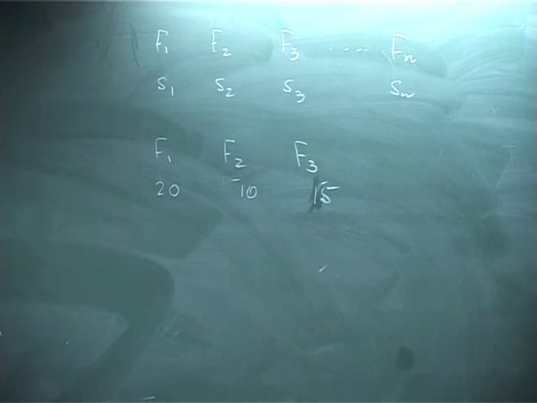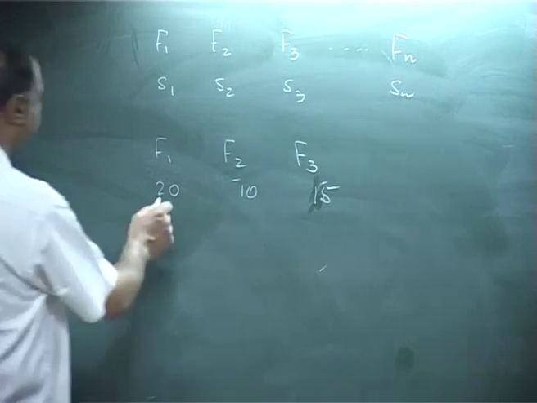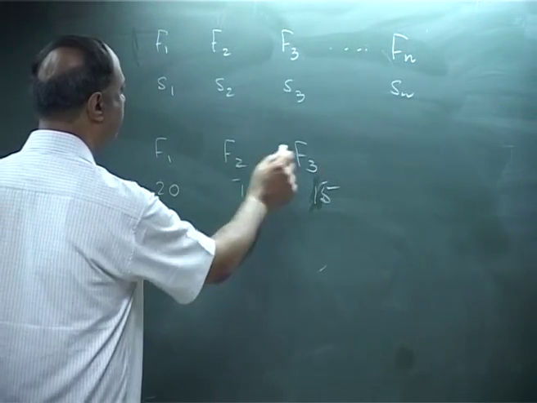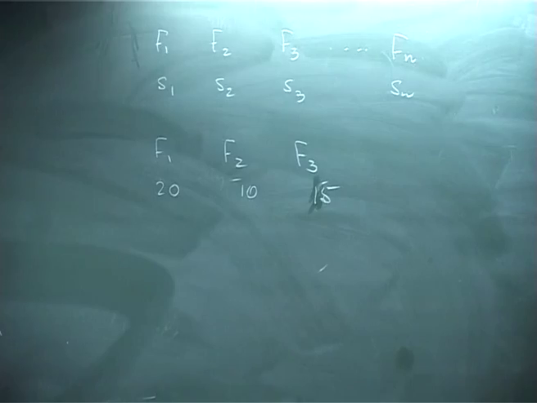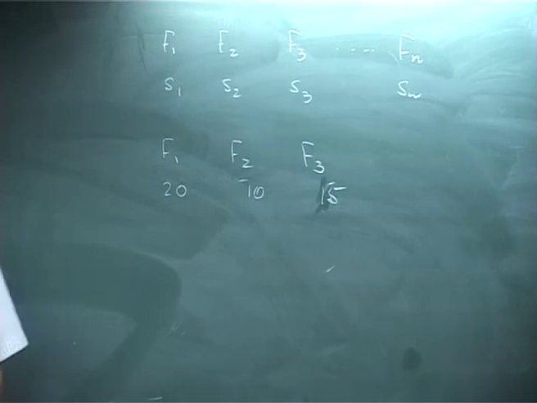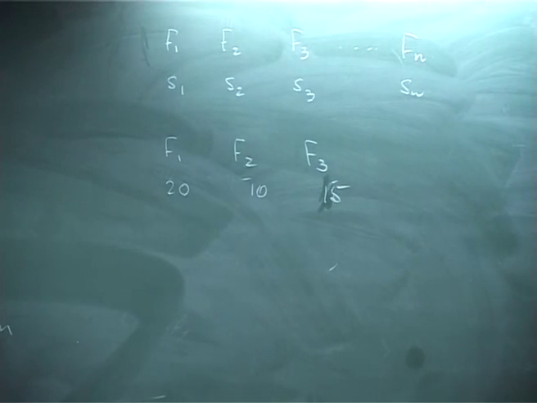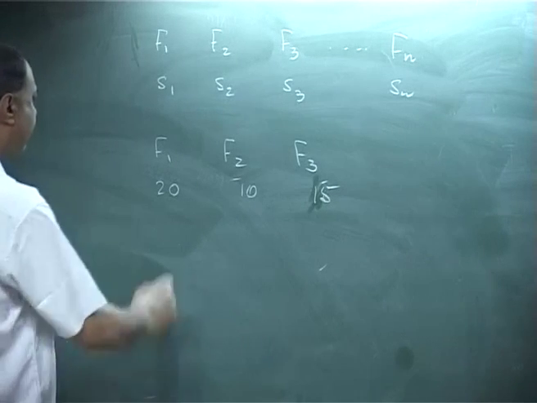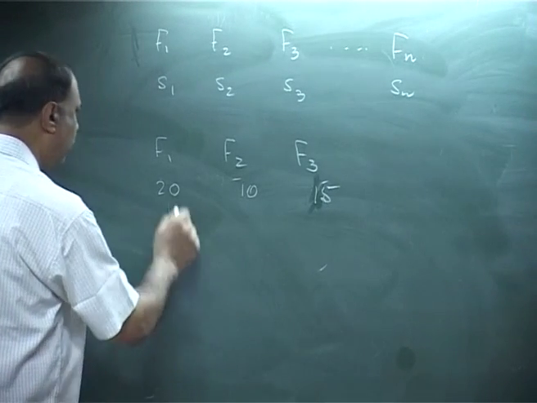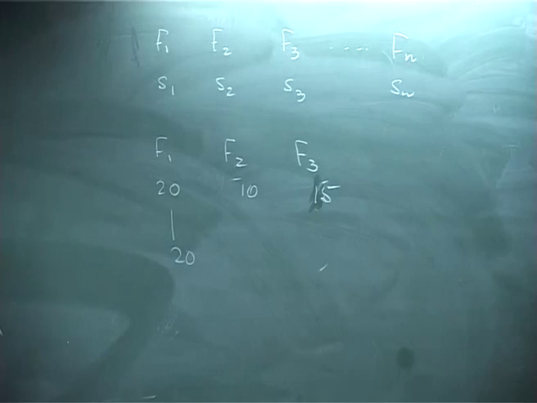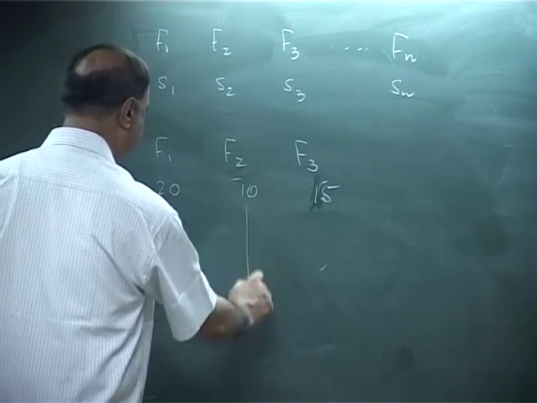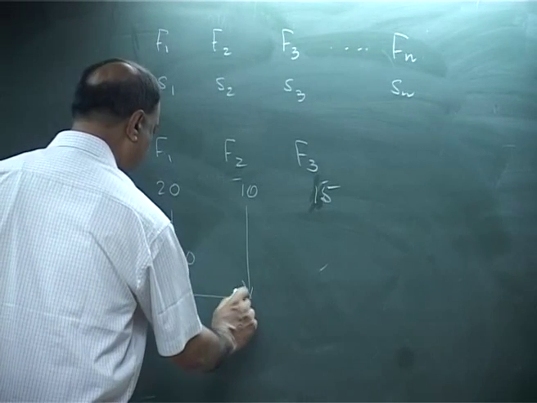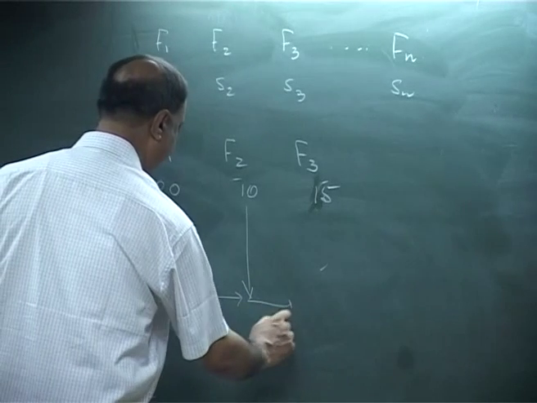So if I start by saving the first file F1, then F2, then F3, the total number of record movements on the magnetic tape is this: the first time it saves file F1 of size 20 records, and then it will rewind back. The second time, if I store F2, first it will move up to this point, and then write 10 again.